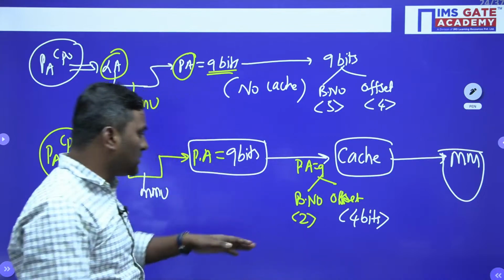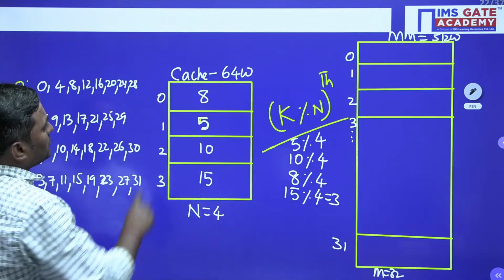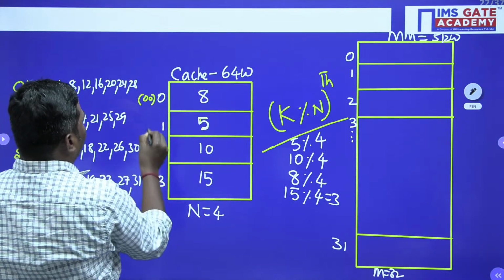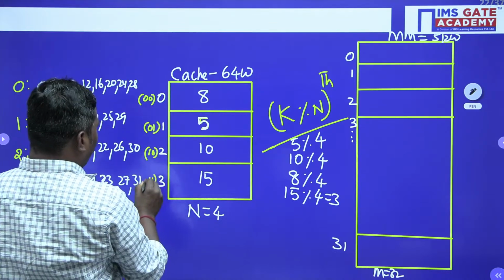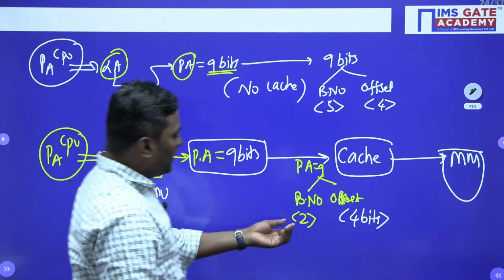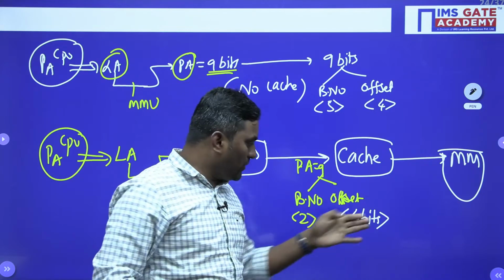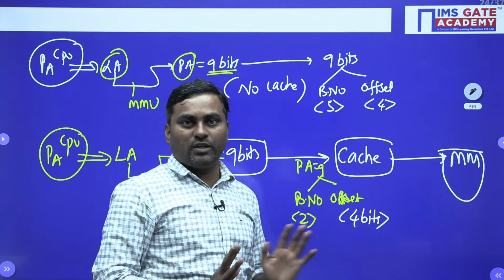Let's say an address comes, 2 bits come. Now we will search. Take the 2-bit combinations like 00, 01, 10, 11. Suppose 01 comes; assume only this is required.